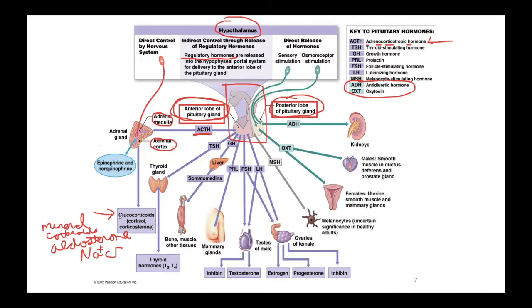And what are these going to do? Well, you see the word gluco in there. They're going to be involved in raising your blood sugar. Look at cortisol. Cortisol is produced when you're under stress. Think of what happens after, let's say, you eat dinner at 7 o'clock, you go to bed by midnight, and at 3, 4 in the morning, your body's been in a fasting state.